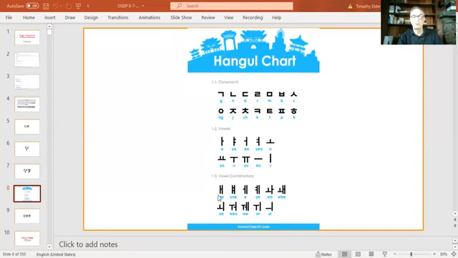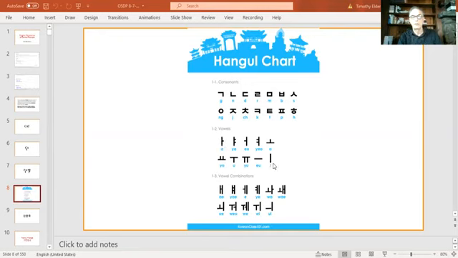This one, for example, the first of the combination vowels, is a combination of the first vowel, which has a straight vertical line and a little doohickey out to the right, and the last one, which is just a simple straight line.